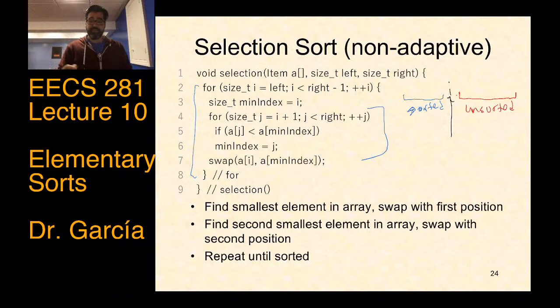And all you're trying to do with the inner loop is find the correct value that should be placed at position I, right? So this inner loop, as you can see, starts at I plus 1, right? So the inner loop is just saying, all right, I'm going to search the unsorted portion of the array to find the correct value that should be placed at the ith position.